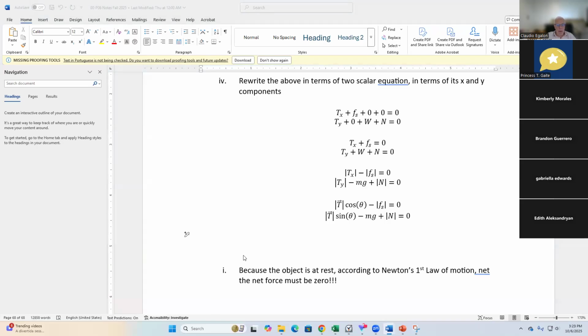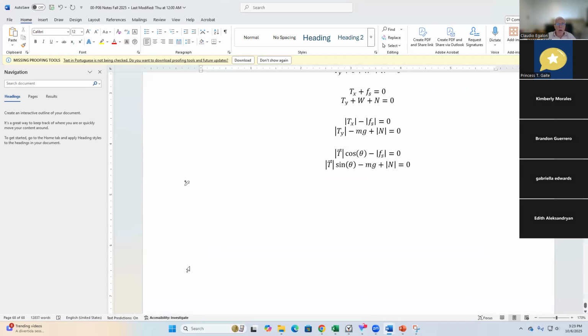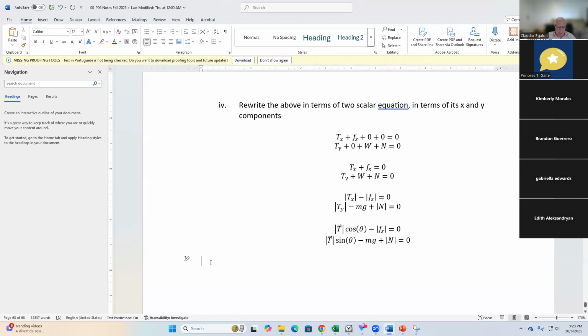Okay, so that's the first part of Newton's first law of motion. Let's look at the second part. Second part of Newton's first law.